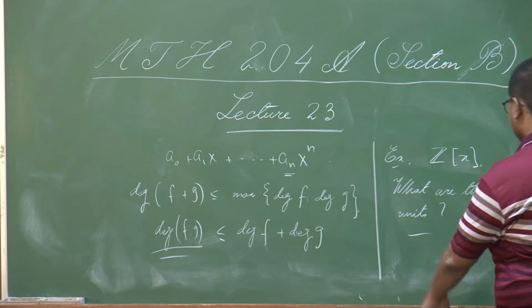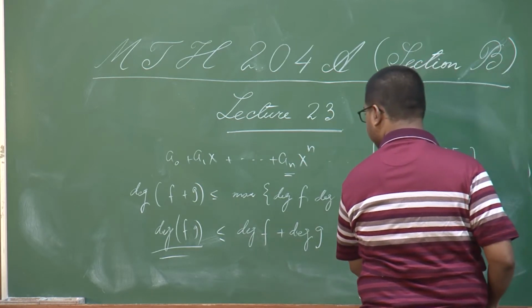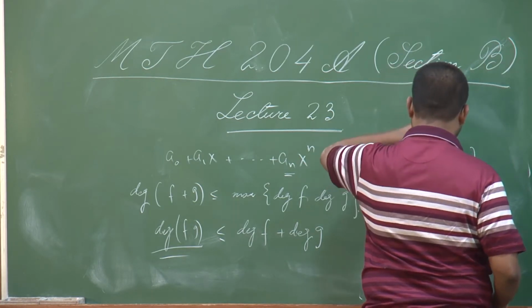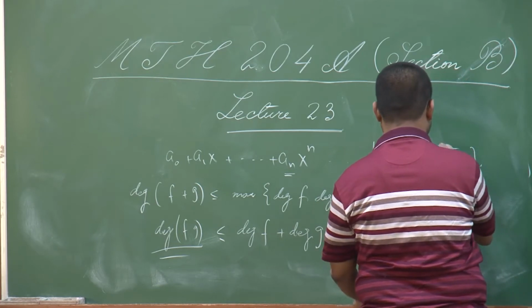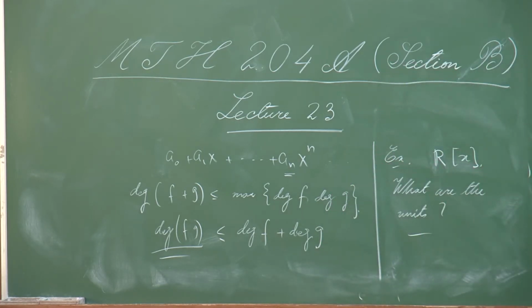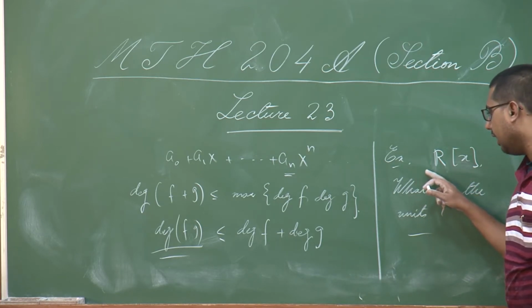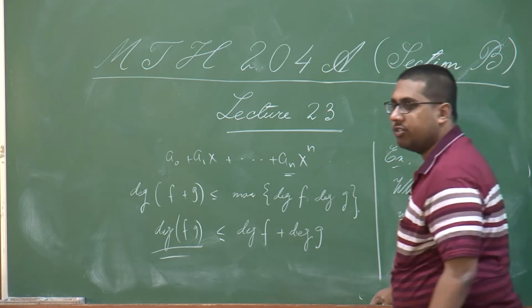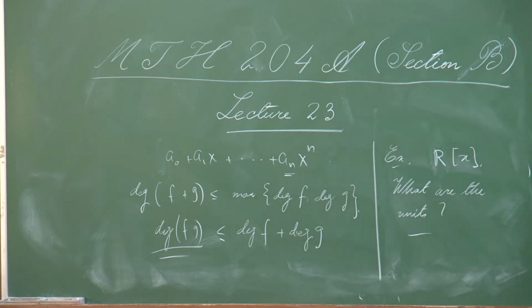Let us directly ask this, instead of Z, let us take Q or R. You see that the units will be only the non-zero constant polynomials. However, for power series, the situation is different.